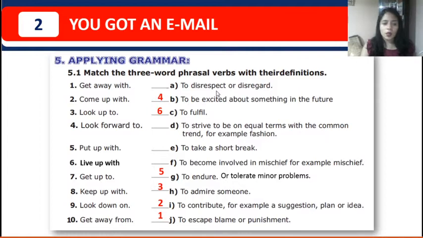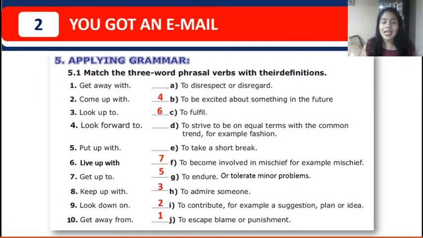So, what is the meaning of get up to? It is to become involved in mischief. Mischief is when the children start to cry, they try to yell, no, mom, no.